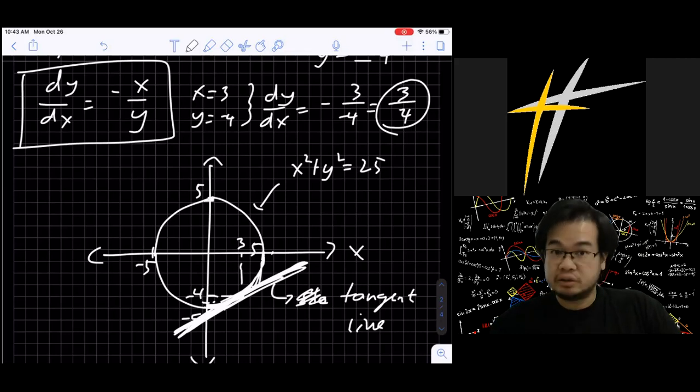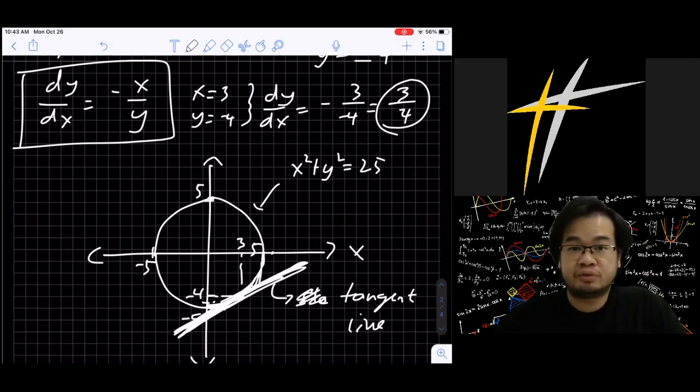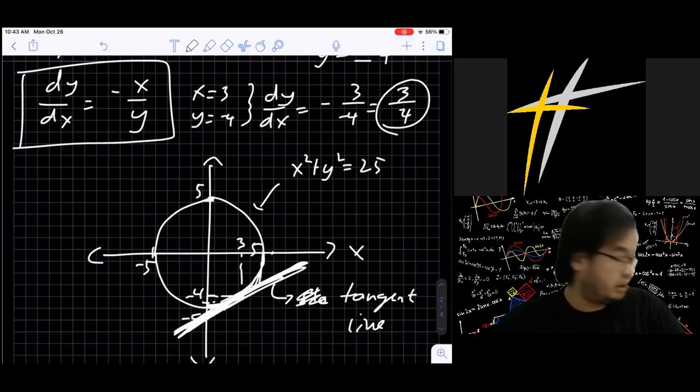Why? Because graphically, dy/dx is the slope of the tangent line, right? So if you have a point and you draw a line with slope dy/dx, then you must get the tangent line. You can see it clearly in figure 4.8b.